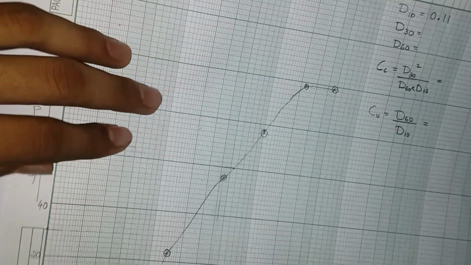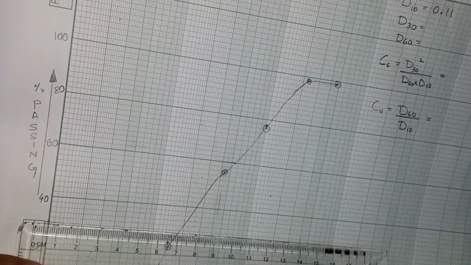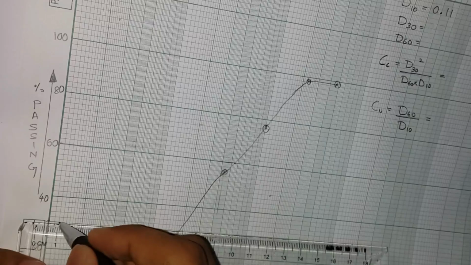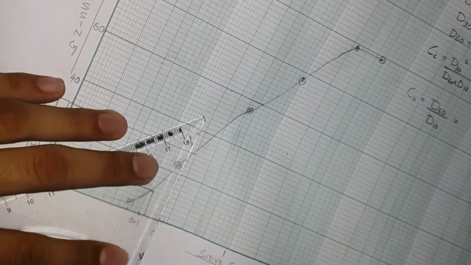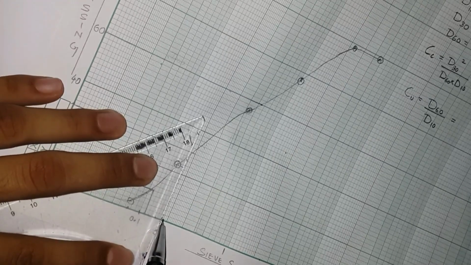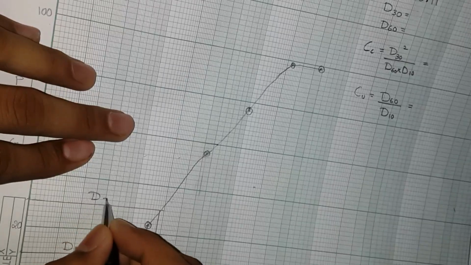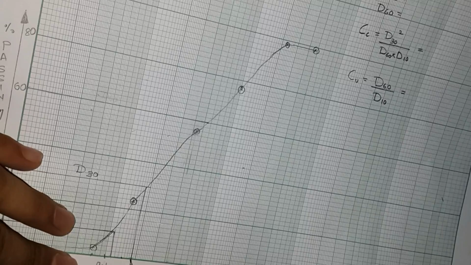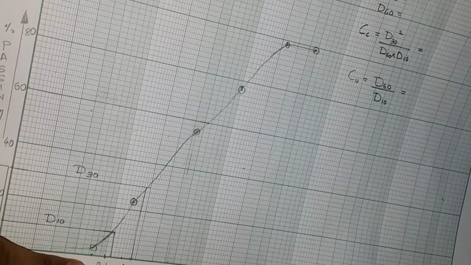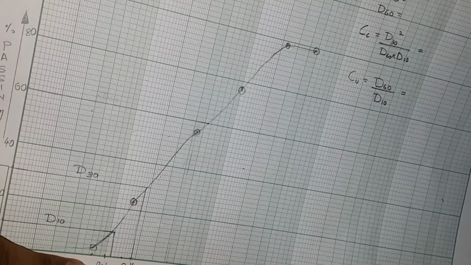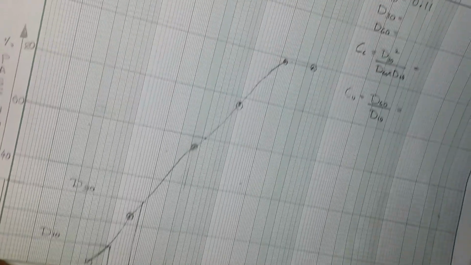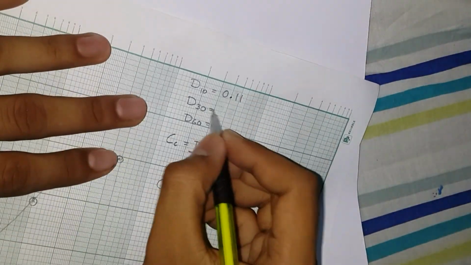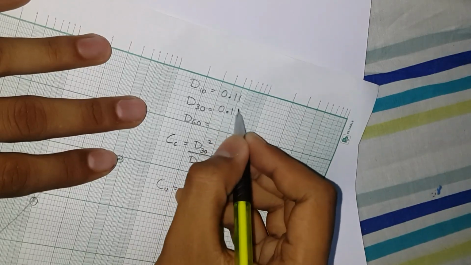Similarly for d30, that is 0.18. Write d30 as 0.18.